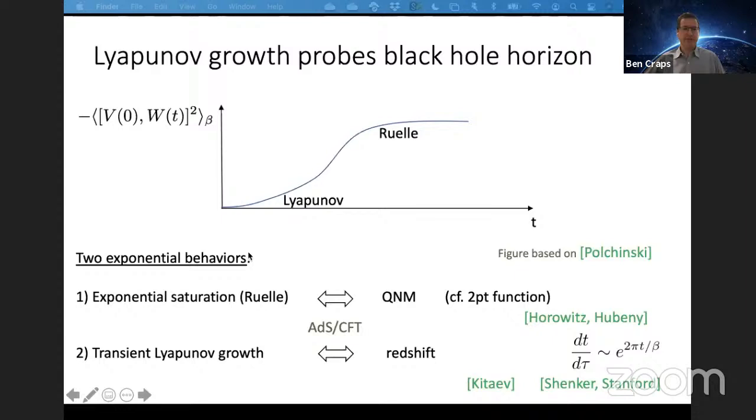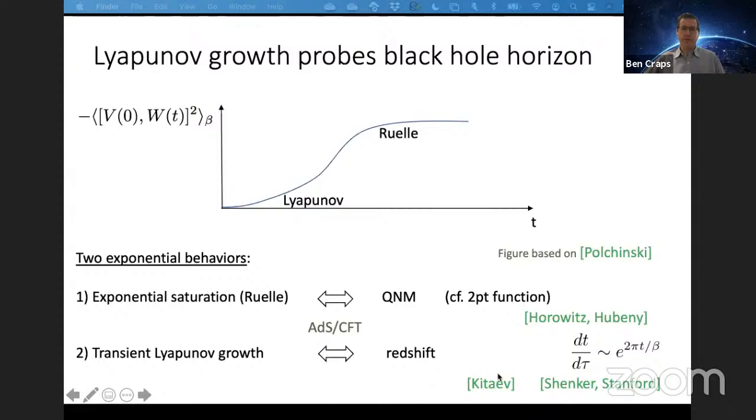And second, there is transient Lyapunov growth, which happens at earlier times. And this corresponds to redshift, which grows exponentially if you have some observer falling towards the black hole. And this exponential redshift is precisely the exponential that you see here.